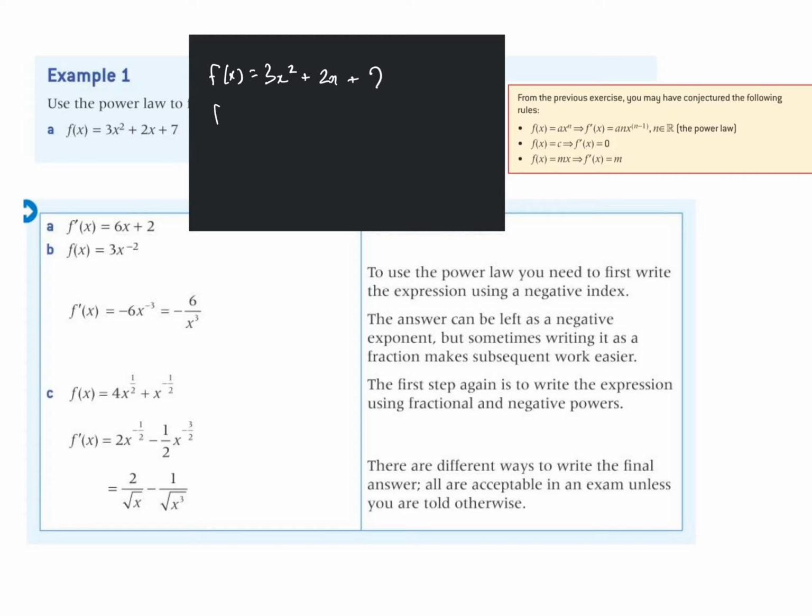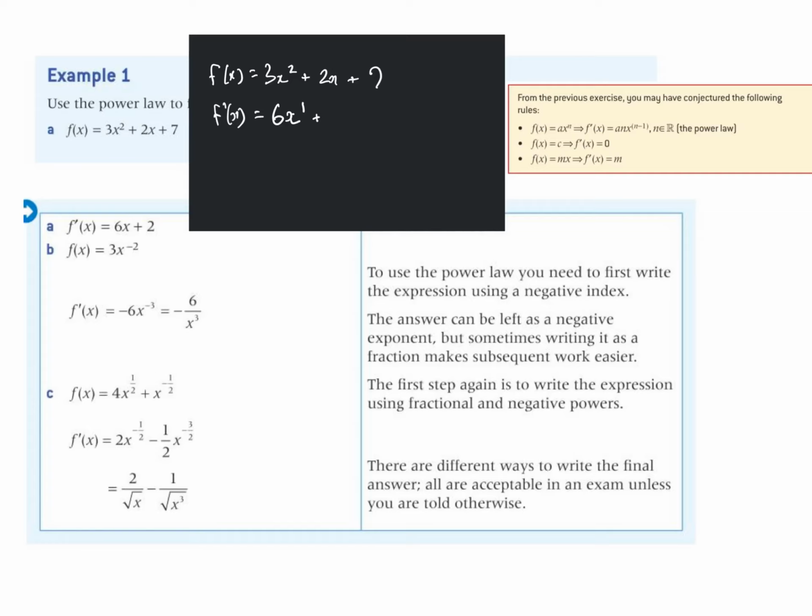The derivative of this function, we bring this 2 down to the front and multiply it by the coefficient there, so it'll be 2 times 3 is 6, 6x. And we reduce the 2 by 1, so that becomes 2 minus 1, and that is 1, which you don't need to write, but we'll write it in now.